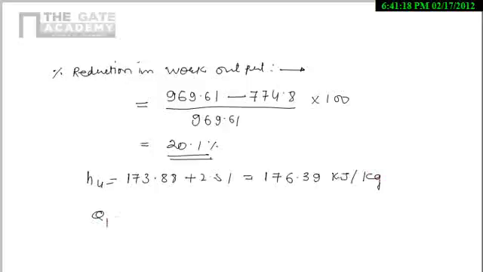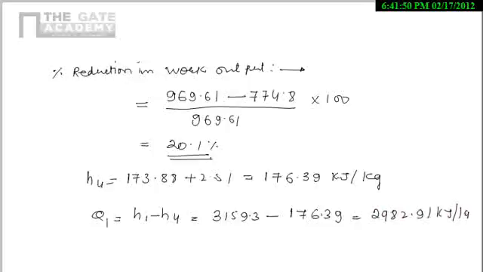Now I can calculate Q1, the heat addition in the actual process, that is nothing but H1 minus H4. H1 is 3159.3 and H4 is 176.39. So it comes to 2982.91 kilojoule per kg. This is the heat supplied.